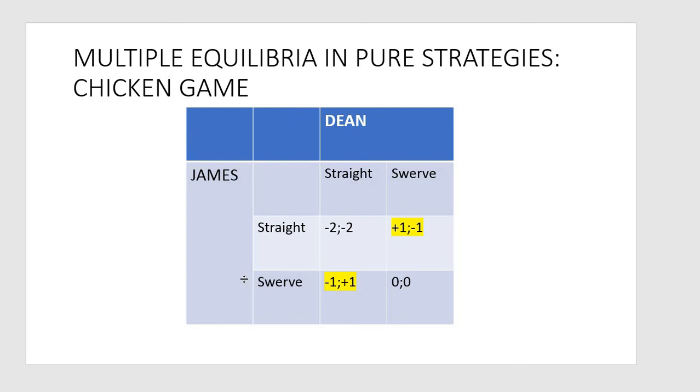Again, the chicken game, which was discussed during the first lecture, is another example of multiple equilibria in pure strategies. In reality, of course, this is impossible. You cannot have two solutions simultaneously. They cannot go straight and swerve at the same time.